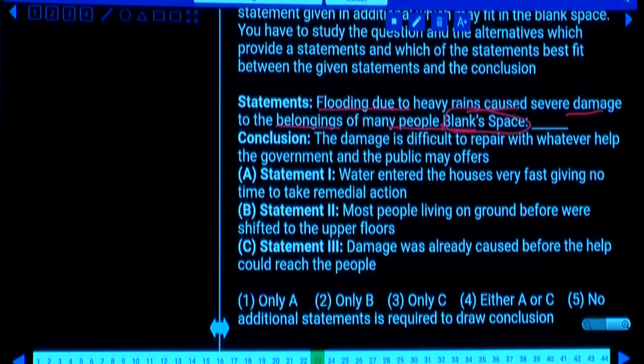Now in this blank place, what needs to be inserted in order to get the conclusion? The damage is difficult to repair with whatever help the government and the public may offer. Whatever help the government as well as the people are giving, it is not possible to repair that damage. Why? Because the damage that has been done is much more intense than what one expected.